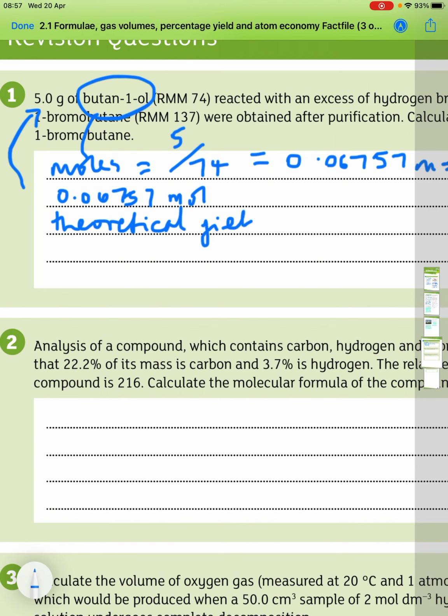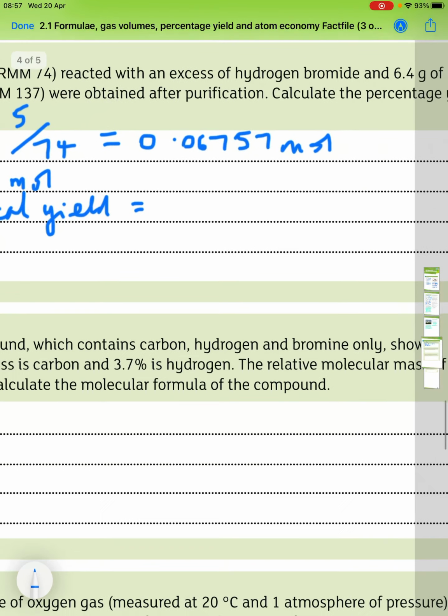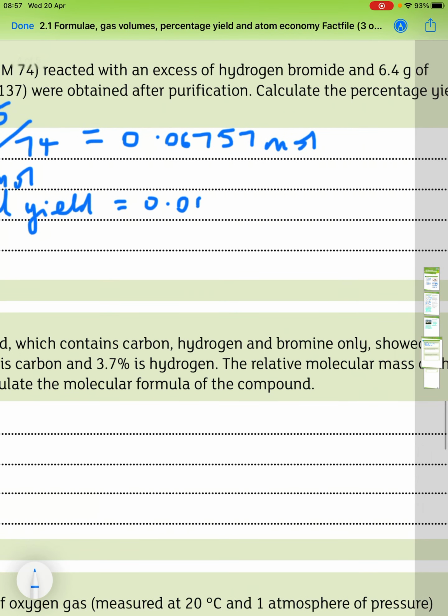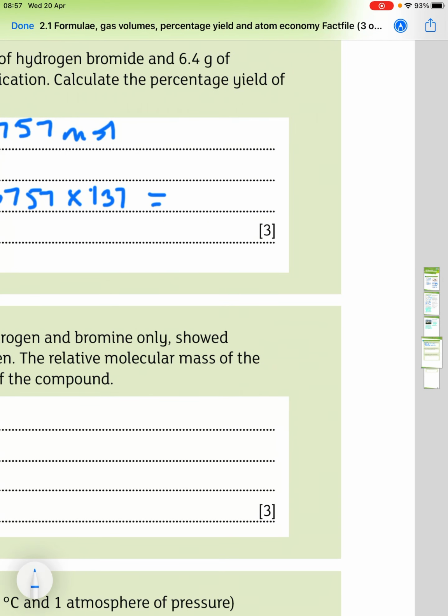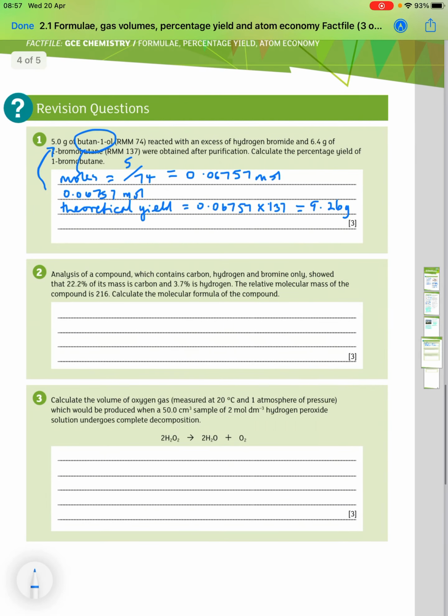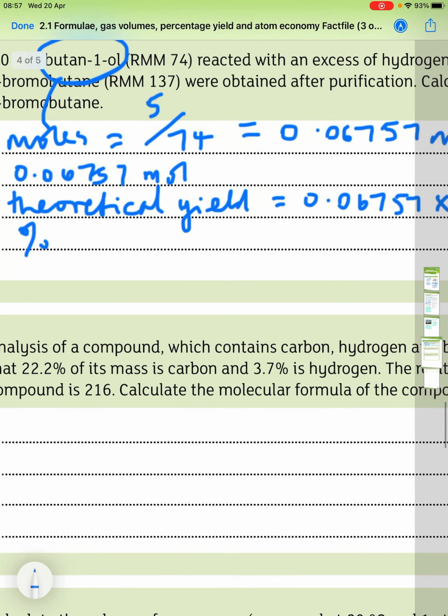So the theoretical yield is 0.06757 times 137, which is its molecular mass, which gives us 9.26 grams.